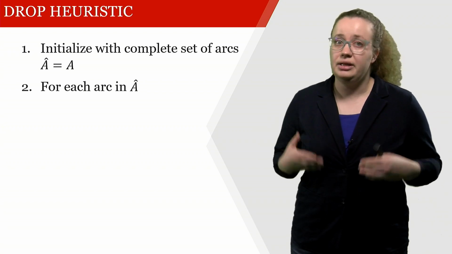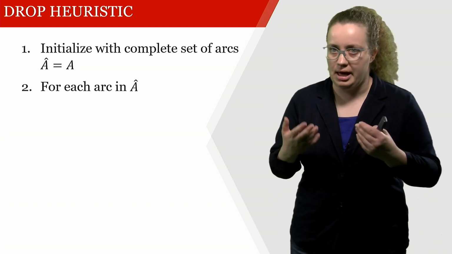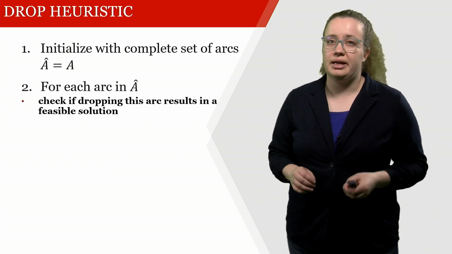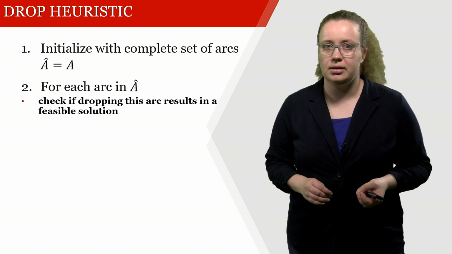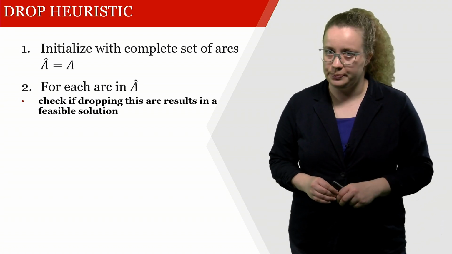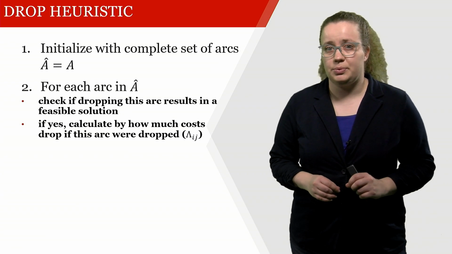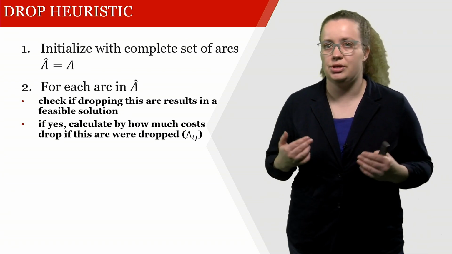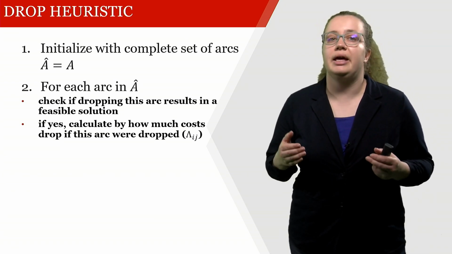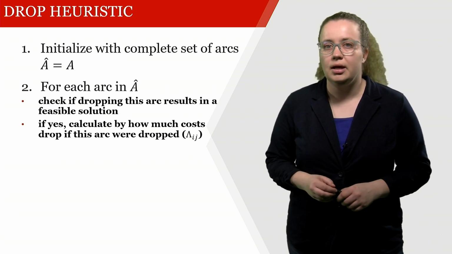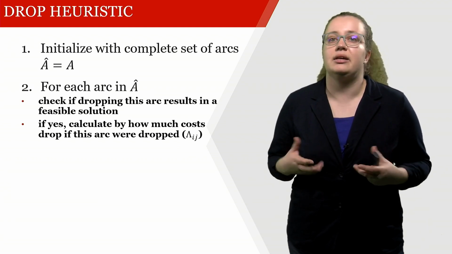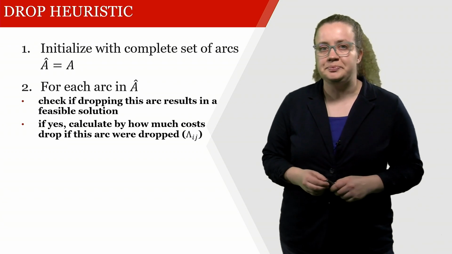For each arc in this set A hat, we determine if dropping this arc results in a feasible solution. If this is feasible, then we calculate how much our costs reduce if we drop this arc. So we're calculating lambda, capital lambda.